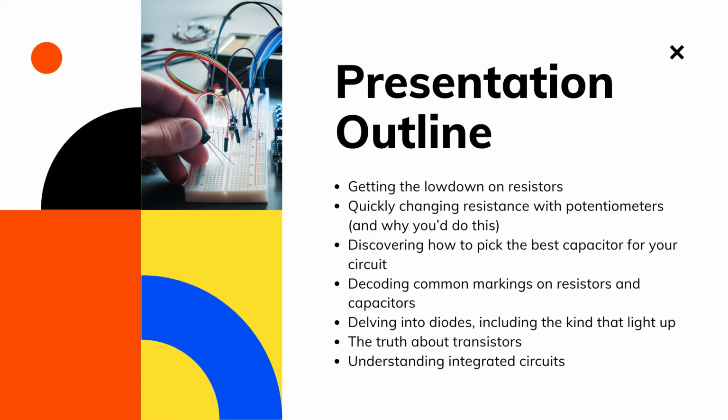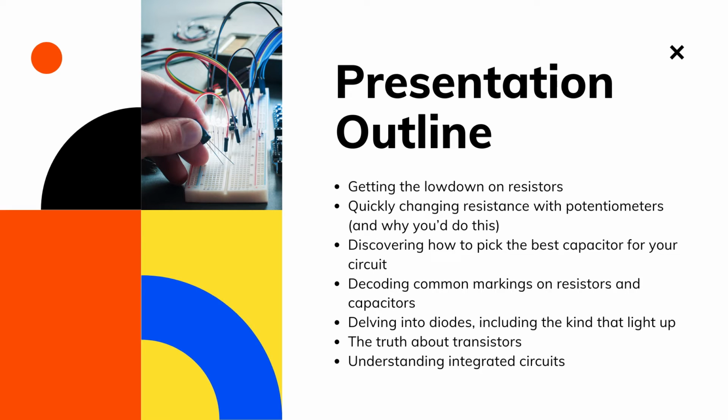In this course, you'll be learning all about getting the lowdown on resistors, quickly changing resistance with potentiometers, and why you do this. You'll also discover how to pick the best capacitor for your circuit, and learn how to decode common markings on resistors and capacitors.